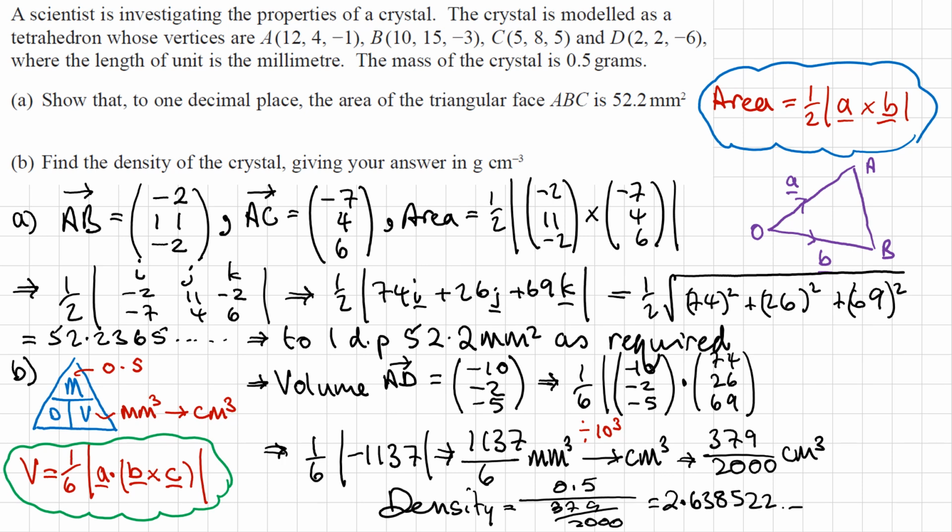Now it doesn't say what to round it to, so 3 significant figures is what we'd normally do. So we'll do 2.64, and that's grams per cubic centimeter, and we've rounded that to 3 significant figures. Okay, let's highlight that.